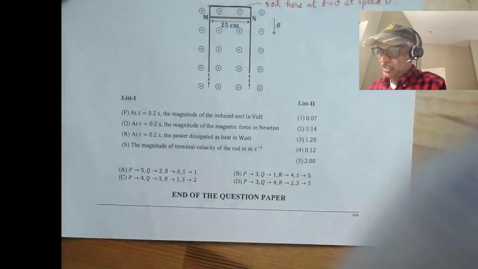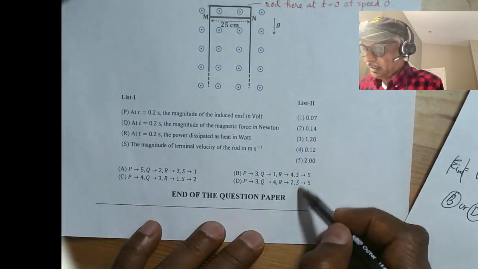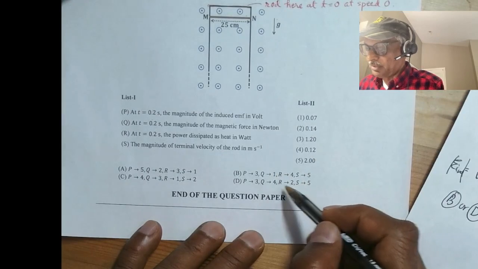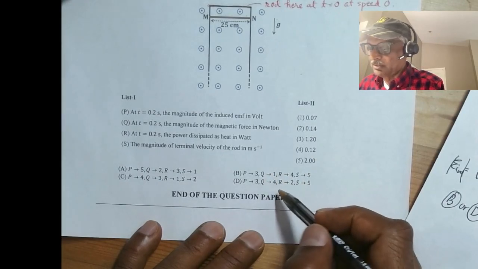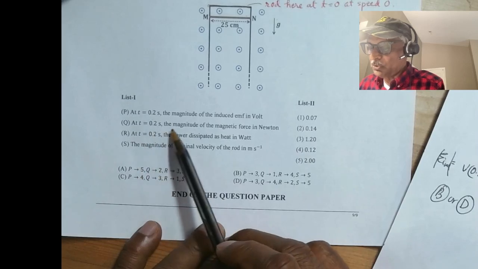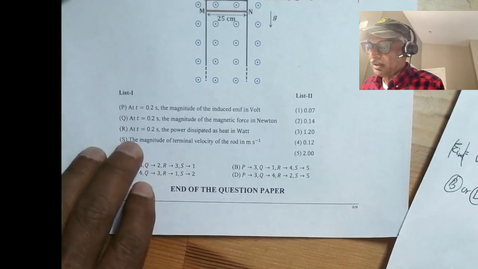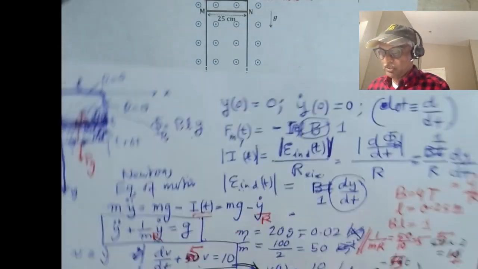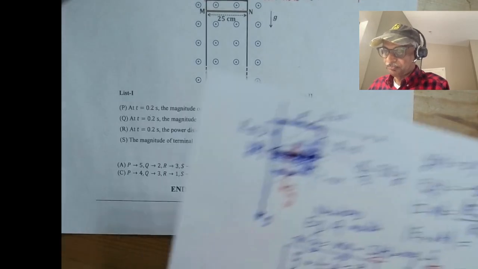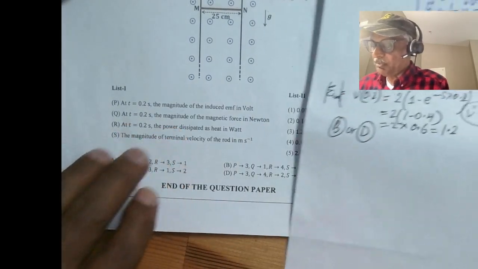In B or D, I can't use S to distinguish them, but you can use Q or R. So let's do Q, the magnitude of the magnetic force.